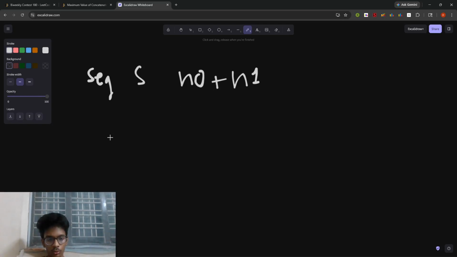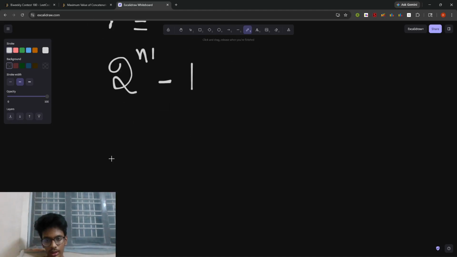And the value would be, what would be the value of this binary string? It would be equal to 2 power n1 minus 1, isn't it? Let's say there are 4 ones followed by 2 zeros.